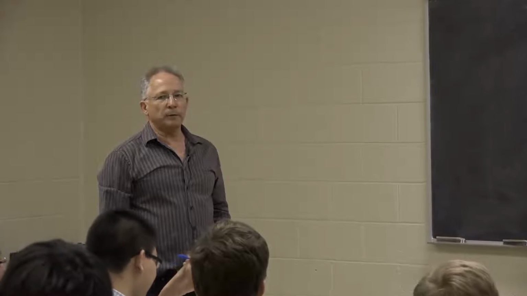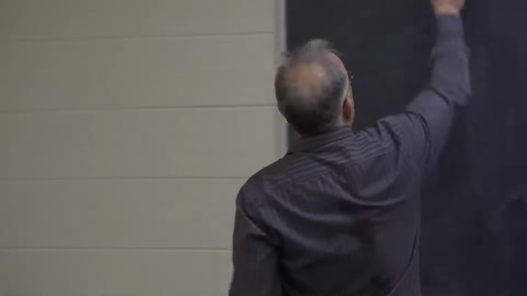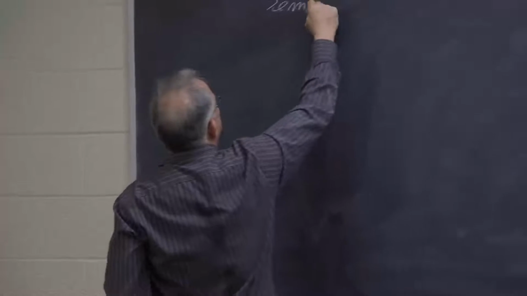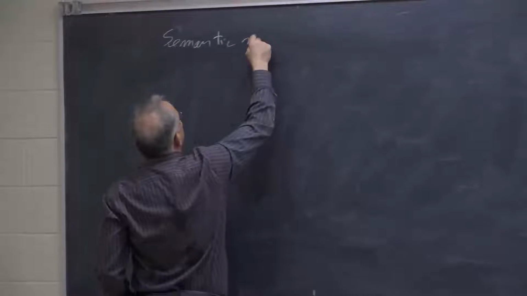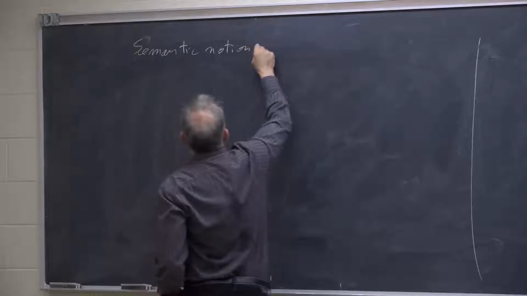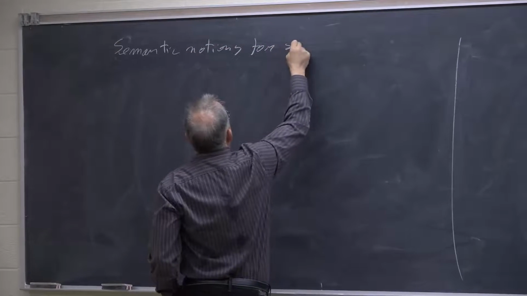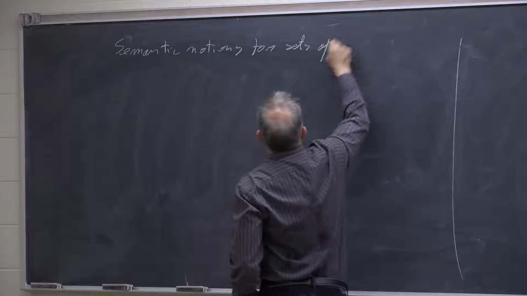Okay, so then I want to talk more. We are still in the semantics, and I want to talk a little bit more about sets of propositions. What do we know so far about semantic notions for sets of propositions?